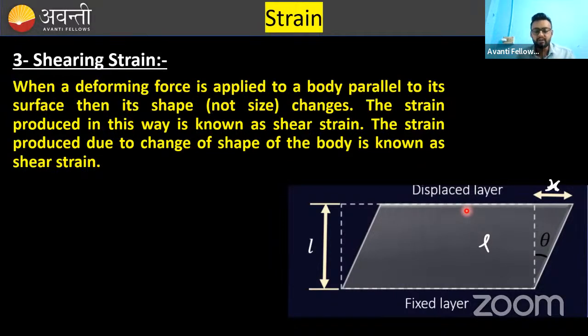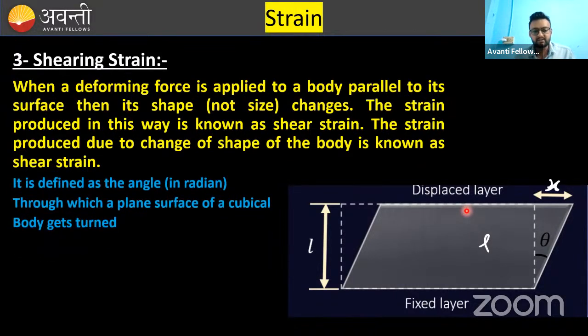How can it be calculated? It is defined as the angle, which should be considered in radians, through which a plane surface of a cubical body gets turned. This was the original top surface in the form of dotted lines. It gets deformed by distance x, and the angle rotated by it is theta.